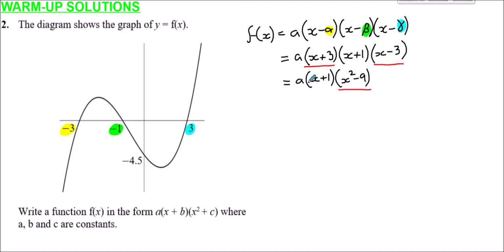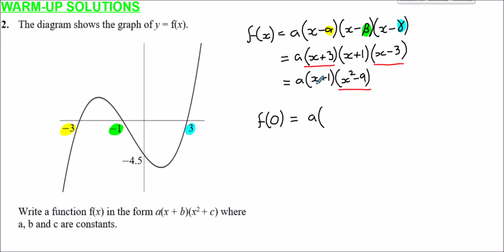We know it's some constant at the front, so what we need to do is substitute in another point we know. Well, we know the y-axis intercept is -4.5, and so we can substitute this in. So f of 0 is -4.5. So f of 0 is just a.